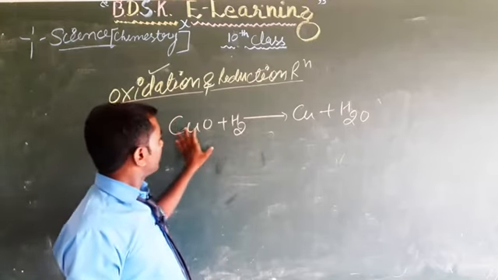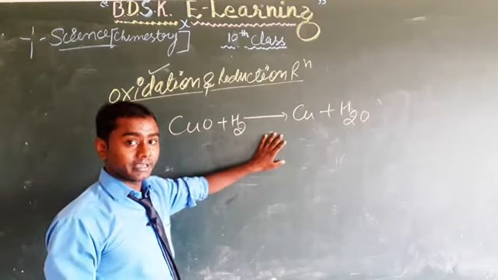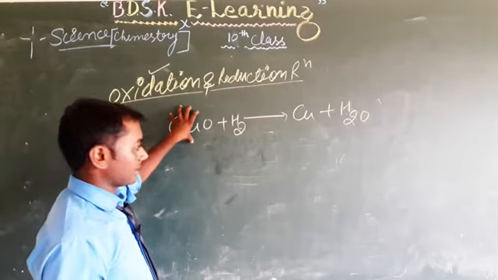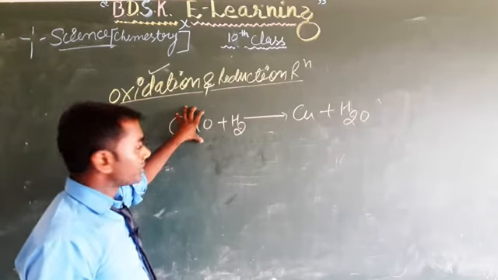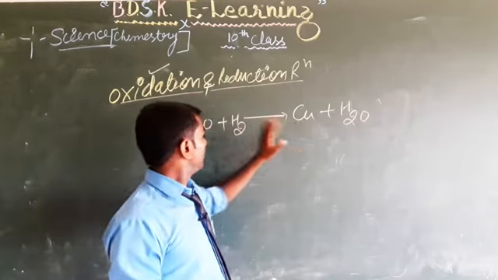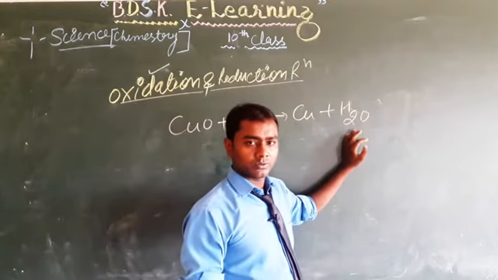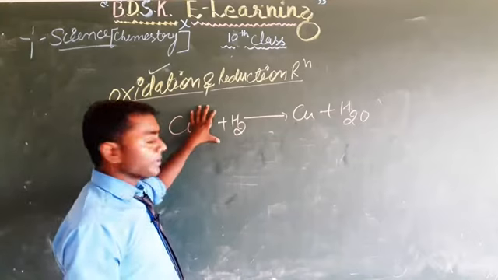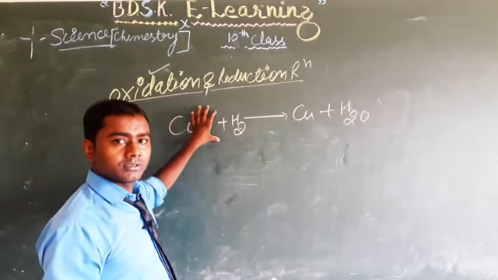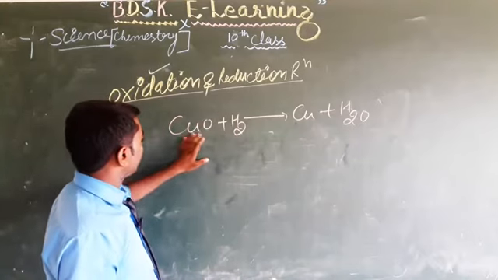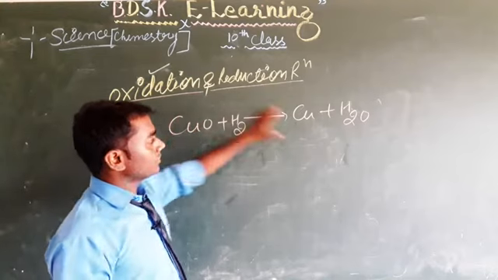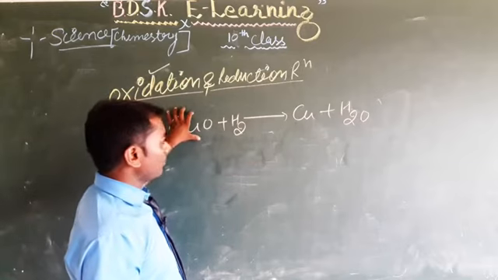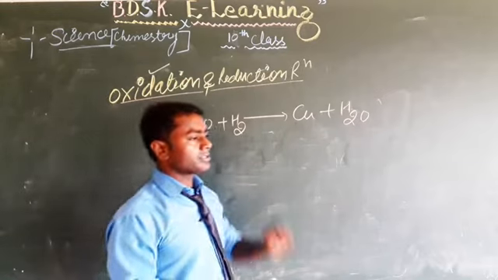Okay, from this equation you can see that the copper oxide CuO changes into Cu and H2 changes into H2O. What happens here? Here CuO is changed into Cu, meaning CuO loses its oxygen.